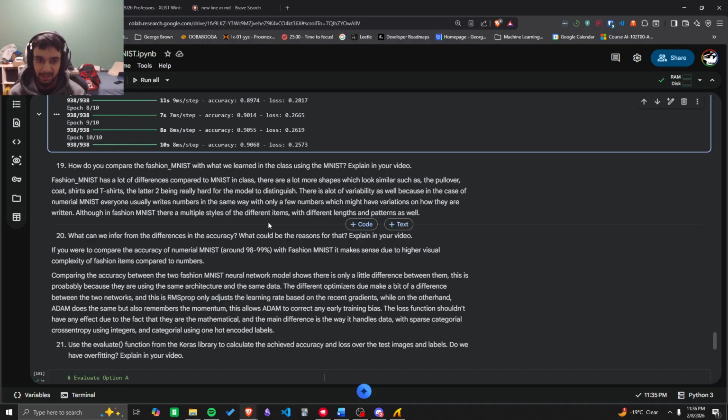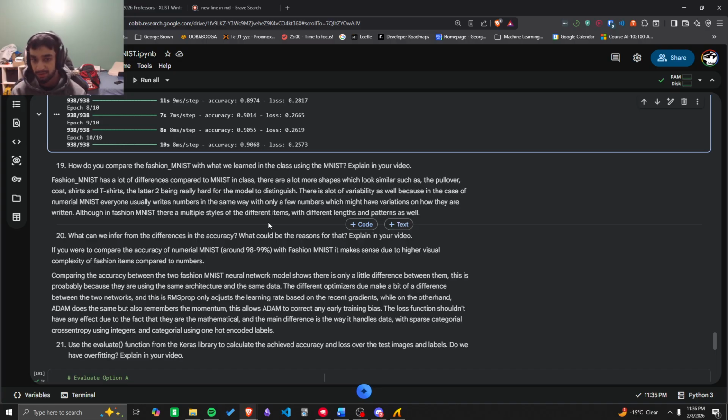While on regular numerical MNIST, there's a big difference between the numbers and the way they look. There's also standardization between the numbers. Most people write the number 2 in the same way, and the number 3 in the same way. Sometimes they write 4 open-ended, or they cross it out with the little triangle, but there's not too much difference.